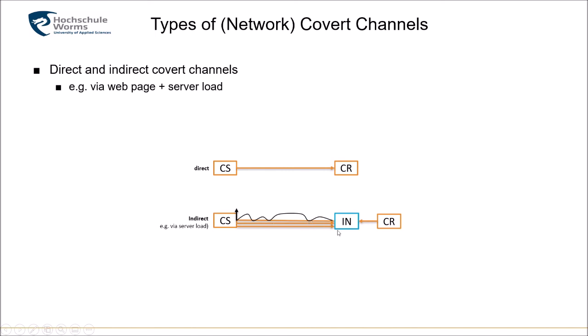So this way we have again a side channel that is exploited here, and it is not as intentionally influenced by the sender, although this is an unintentional sending process from the web server. And it's an indirect one because the intermediate node is like a proxy or a cache for the information.